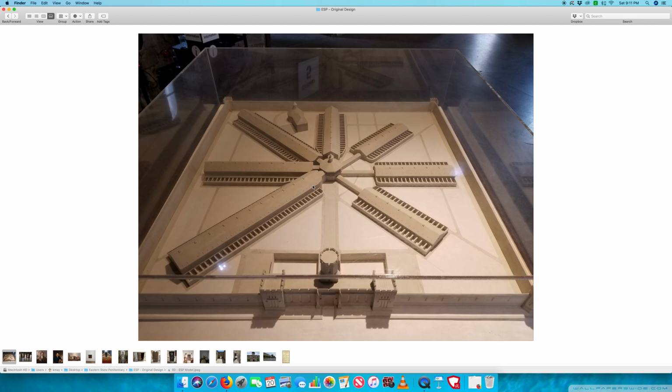So during the construction of the Eastern State, we realized after we constructed these first 3 cell blocks that we were going to need more room. So during the construction phase, the last 4 cell blocks were altered. So they were altered in 2 ways. First, they were lengthened.